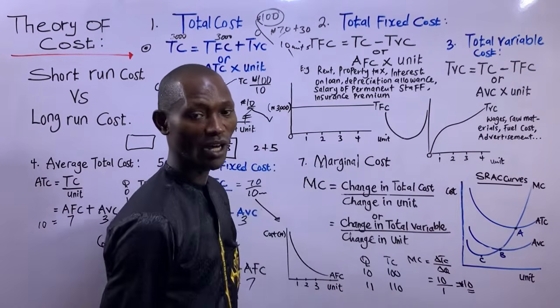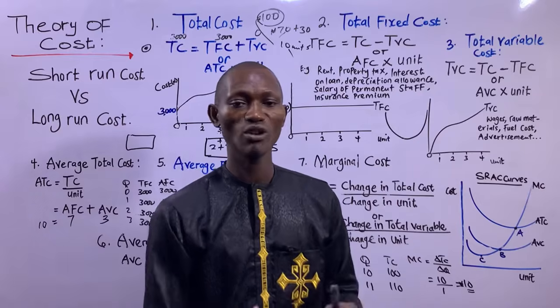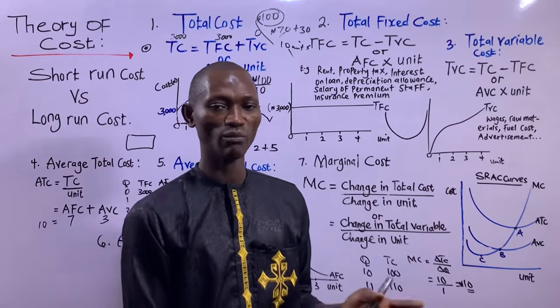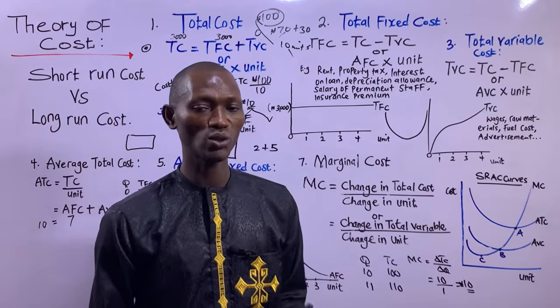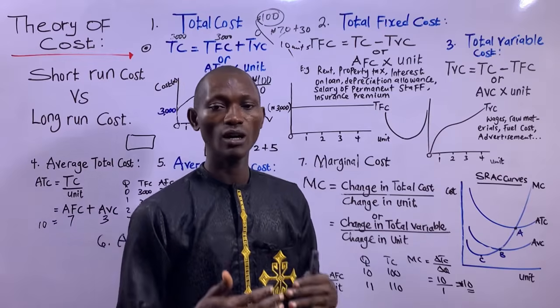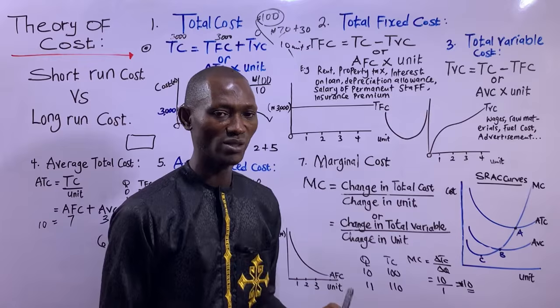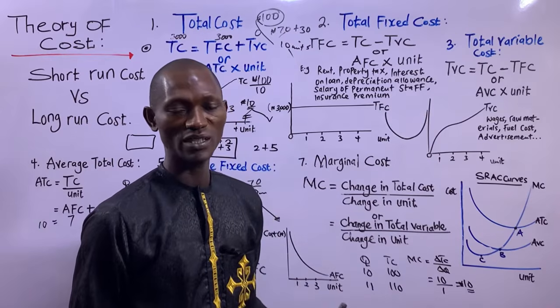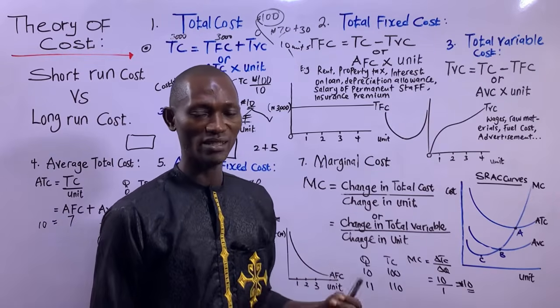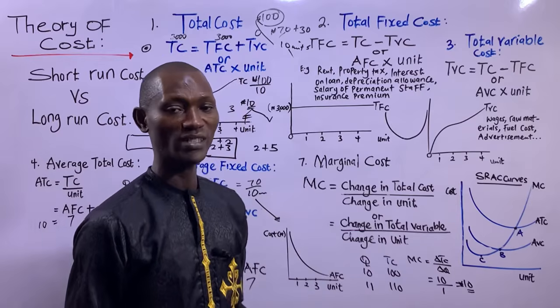But after a while, when you've employed more than needed hands, that's surplus capacity, too many cooks spoil the broth, then all the workers will start getting in one another's way. And as a result, the marginal productivity of each successive worker that is employed into production will start reducing.